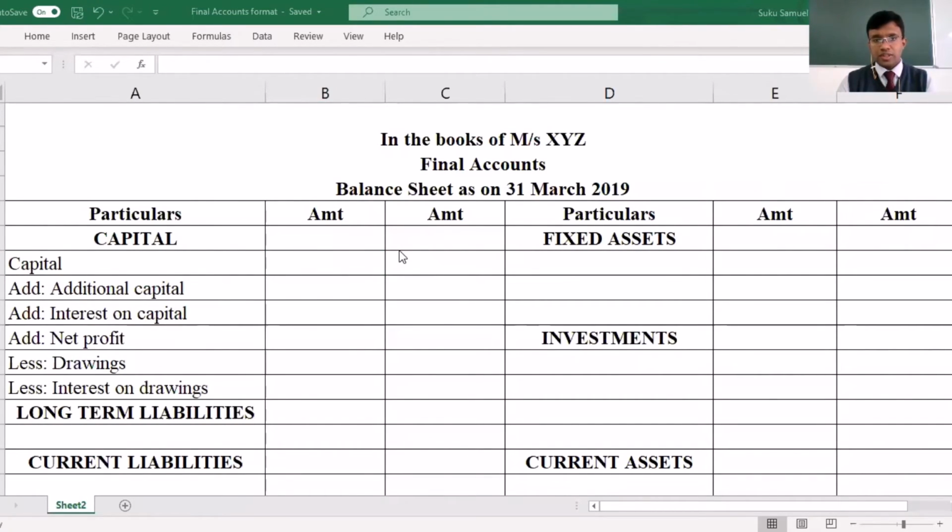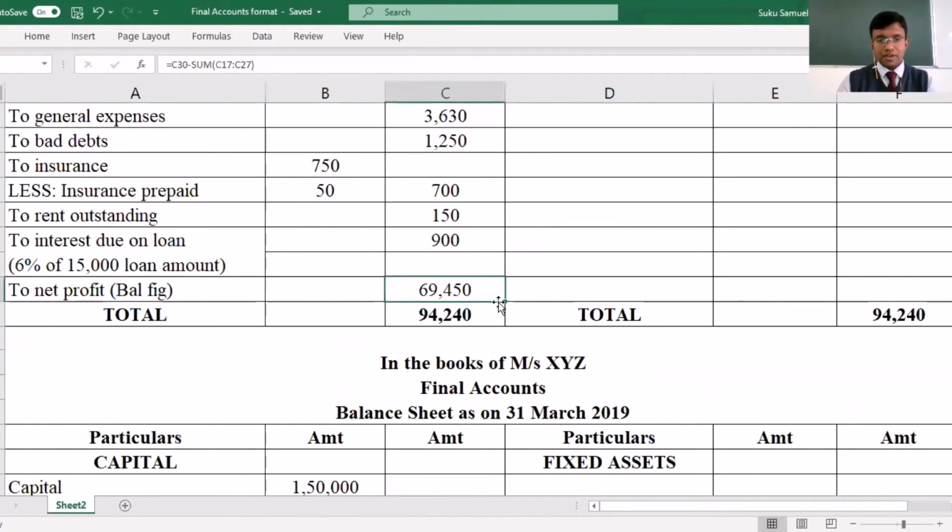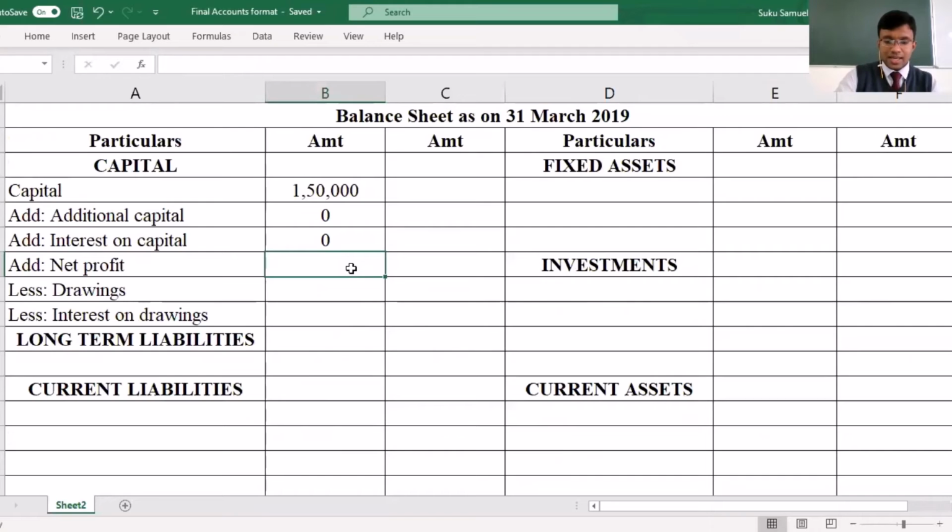We have to start off with the capital. So capital is 1,50,000. We do not have any additional capital, neither do we have interest on capital. However, we have net profit, and net profit is 69,450. Then we have drawings. Drawings is 6,300. We do not have interest on drawings.